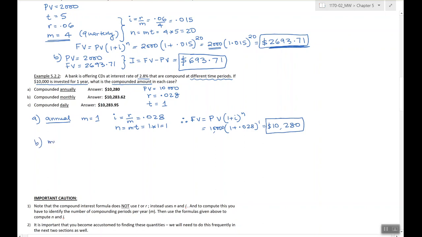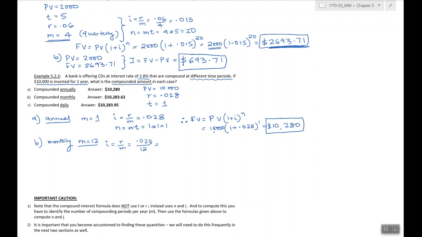Now if it is monthly, then M is 12. In that case, I, which is R over M, is going to be 0.028 divided by 12.